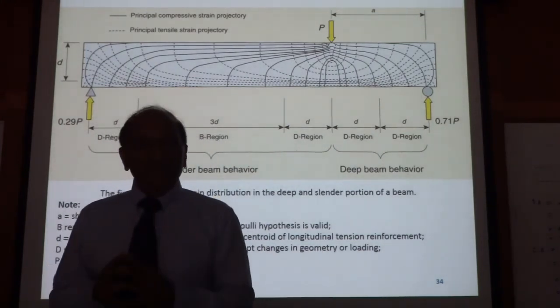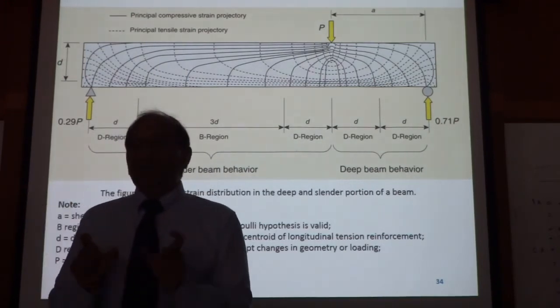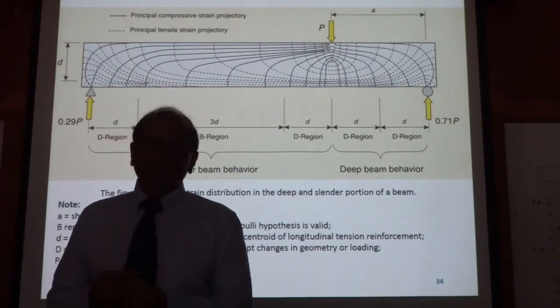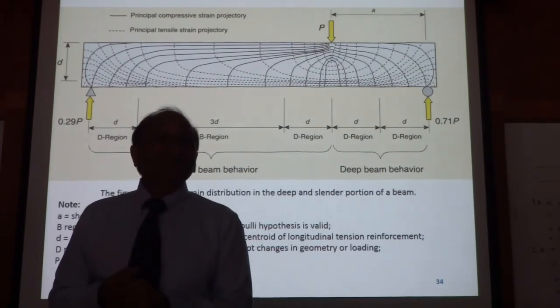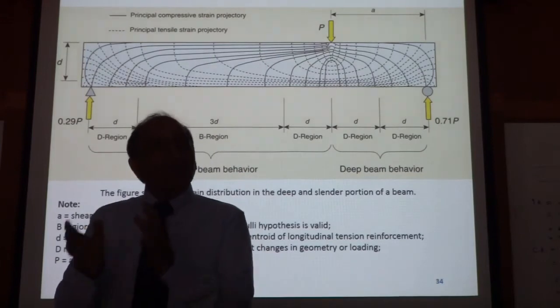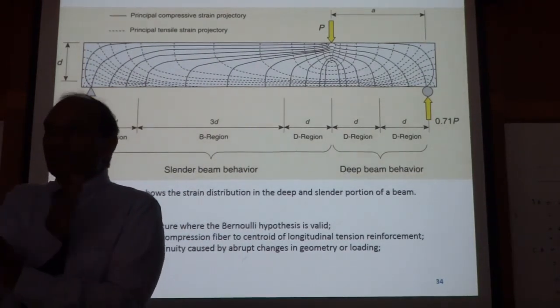So now the question is, what about a beam which has 2D in B and 2D in D? Is it a normal beam or is it a deep beam? Both, right? That's exactly right. It's actually borderline. That is where we decide we can go either way.